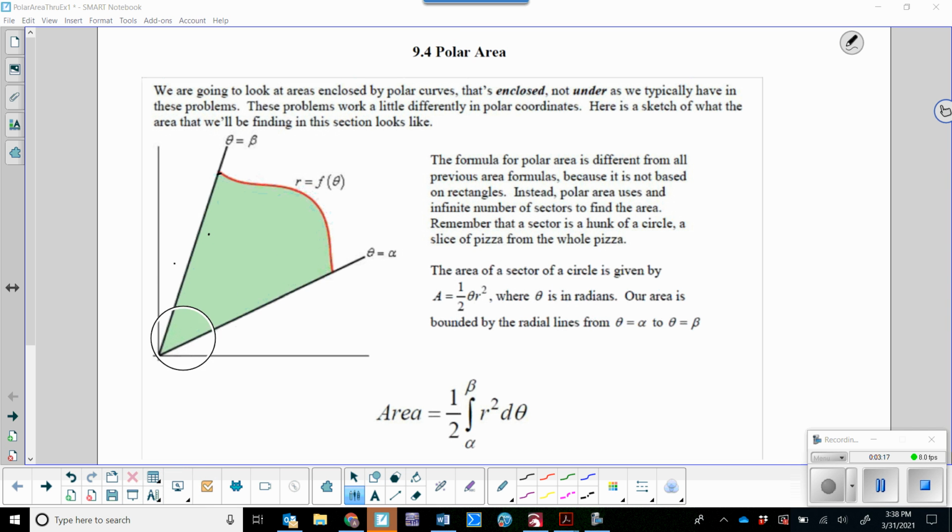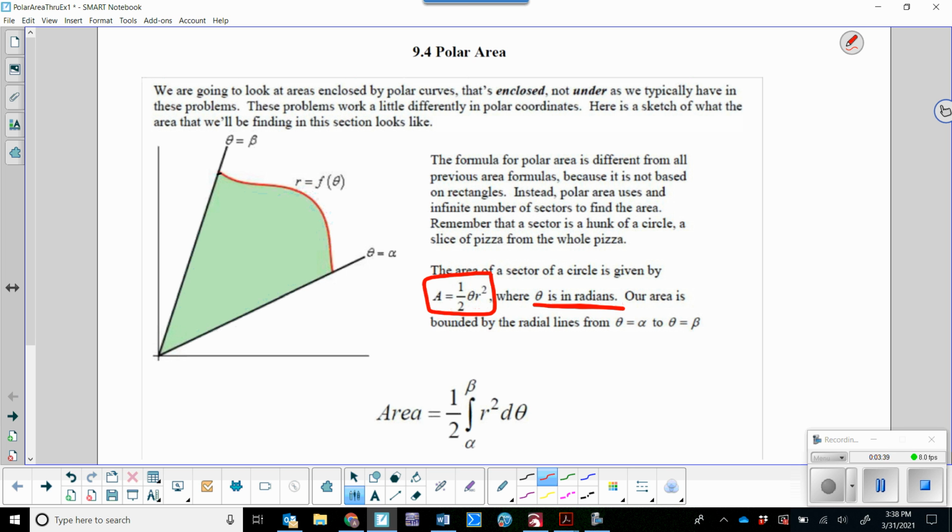The area formula for a sector of a circle is area equals 1/2 theta times r squared, where theta is in radians. Remember, in calculus and math, we're in radians, radians, radians. So that's the area of a sector of a circle.